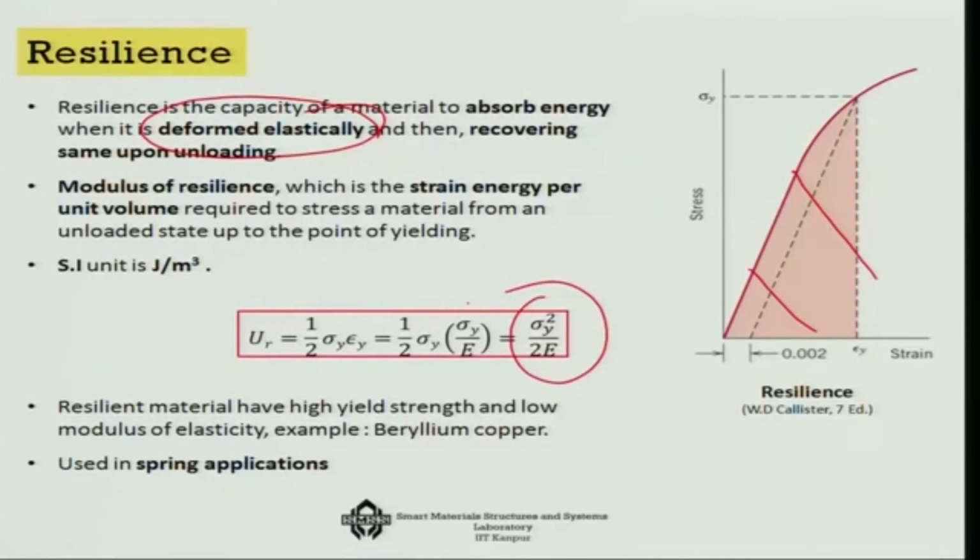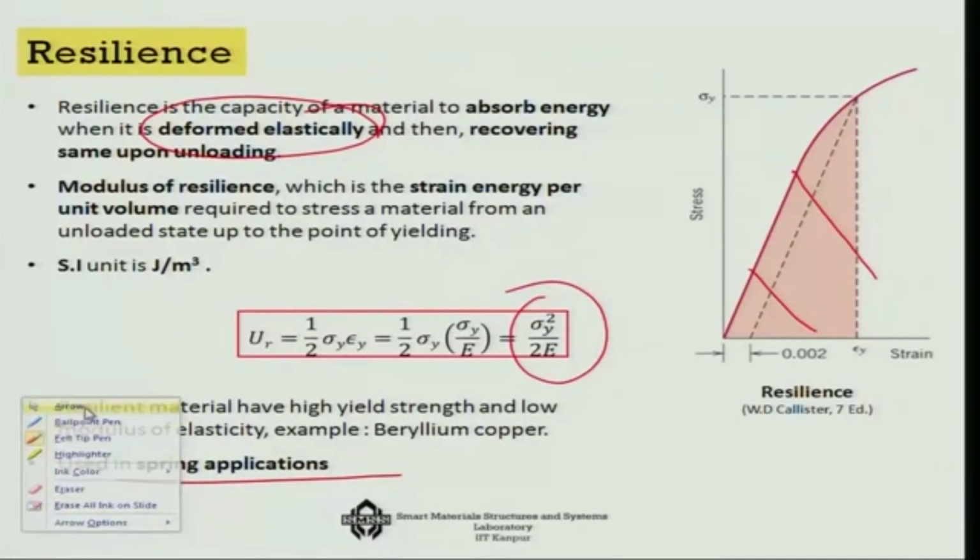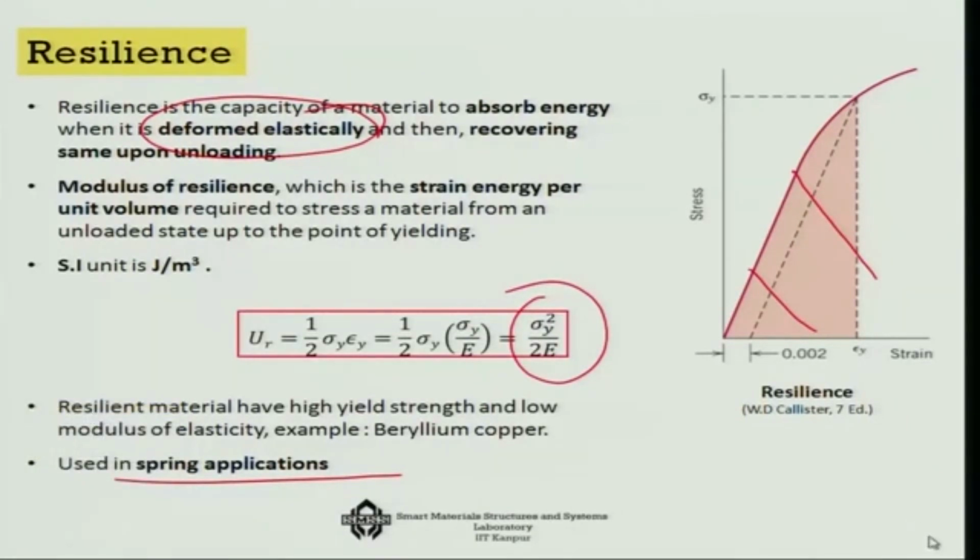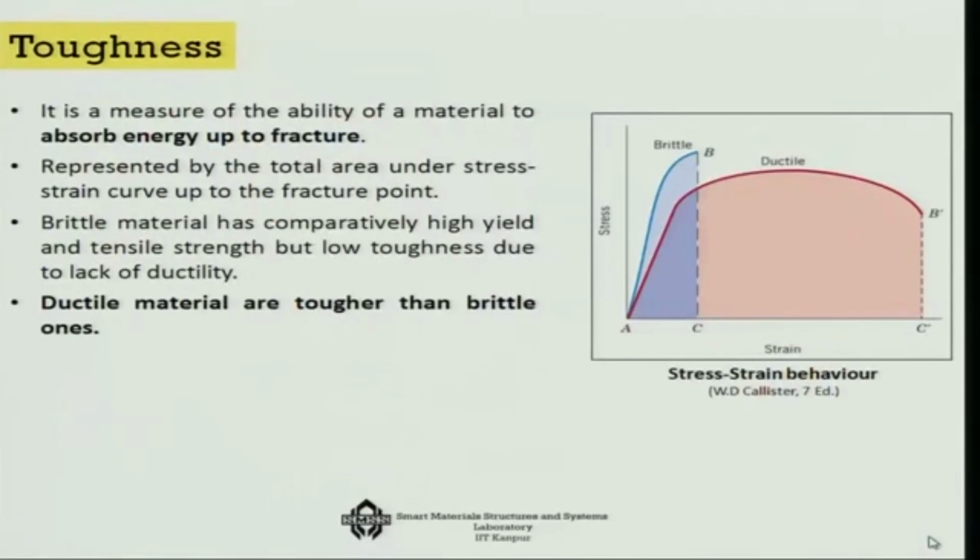That means if you know the yield stress and the modulus of elasticity, you can compute the resilience of the material in terms of modulus of resilience and how much energy the material can absorb, which is very important in applications like springs. So, resilience is another important mechanical property.